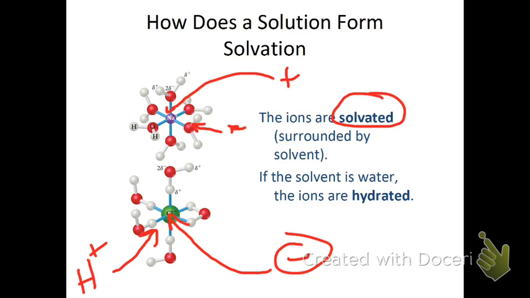So again, that shows the importance of water, the fact that the water can use its different plus and minus ends to help pull and make ions and solvate them into a solution. If the solvent is water, we actually use the word hydrated. So we say the ions have been hydrated.